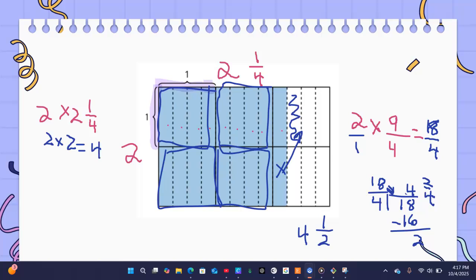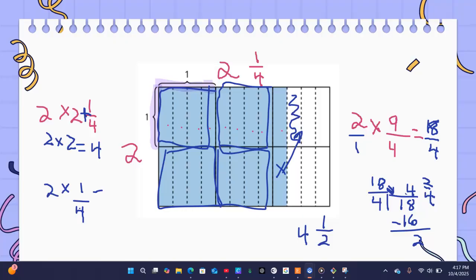Then we'll take our whole number again, and this time decompose the 2 and 1/4, just break it apart, because that's the same as saying 2 plus 1/4. And so we could say 2 times 1/4. Excuse me, not a half, a fourth. Always double check that you're writing the correct information down.